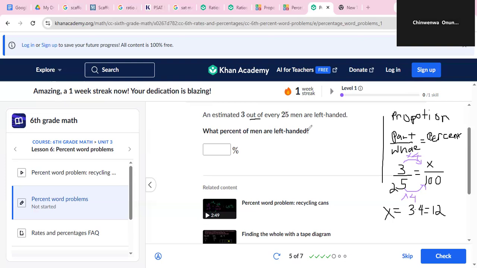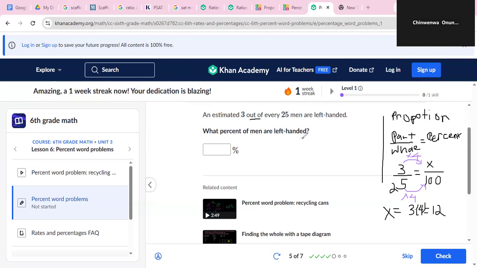So that's how you can work it out as a proportion. Now let's work it out as a word to math.